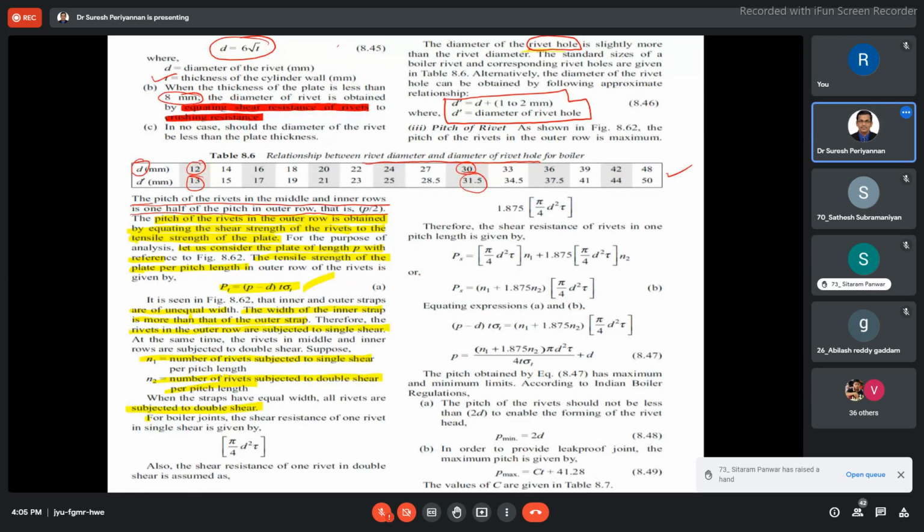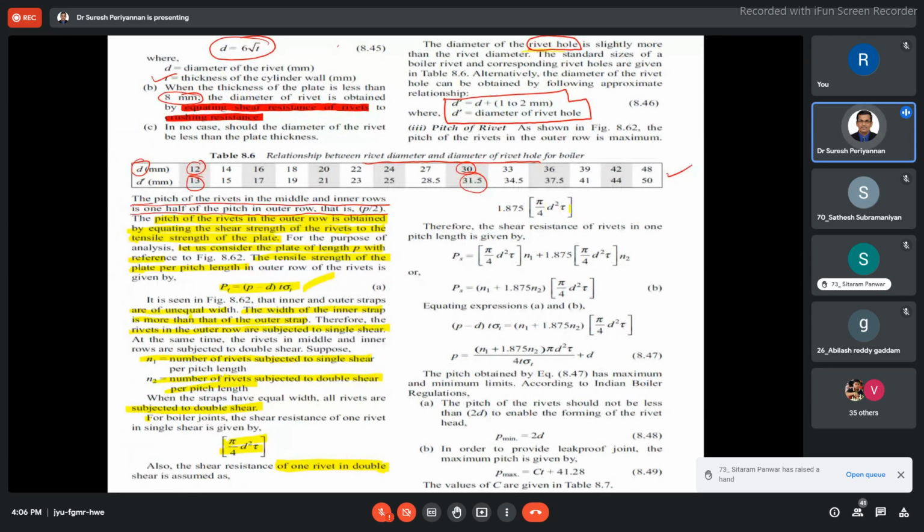See here, what is the shear resistance of one rivet in general? It is pi by 4 d squared into tau for one rivet, for single shear. As per the standard condition, when the rivet is subjected to double shear, 2 into pi by 4 d squared into tau is correct.